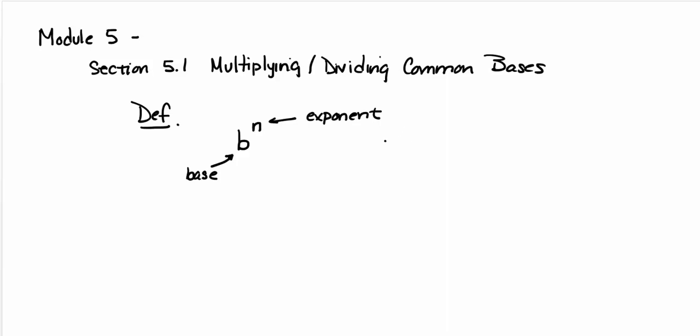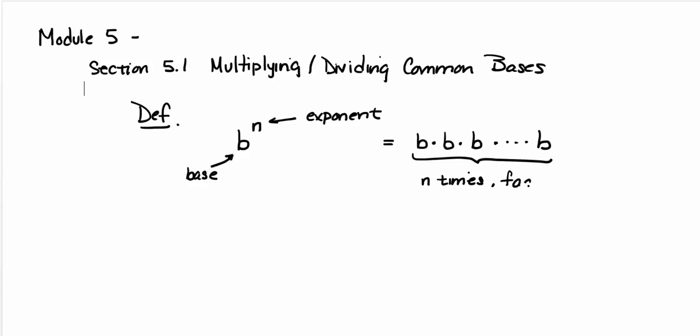You have seen this already. Basically, the exponent tells you how many times you're multiplying the base by itself. So it says I'm going to multiply it n times, or you have n factors of this number.